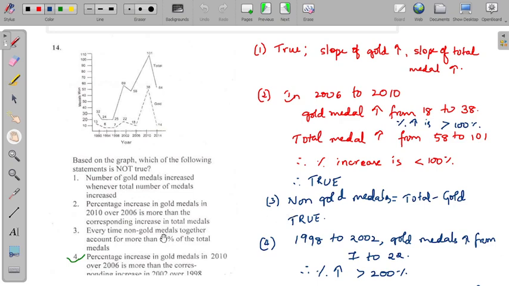The third says that every time, non-gold medals together account for more than 50% of the total medals. Non-gold medals are nothing but total minus gold medals.